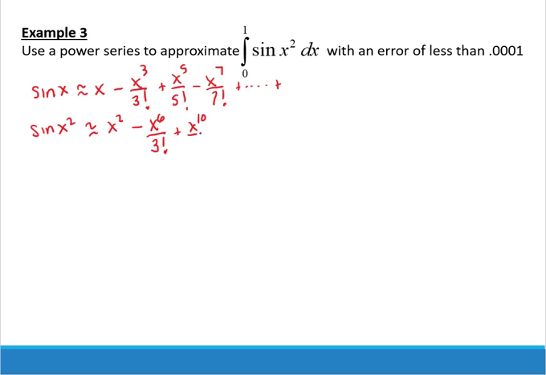I'm hoping I don't need more terms than that. Okay, but now what I do is I integrate both sides. So the integral of sine of x squared dx is approximately, now I integrate this side.